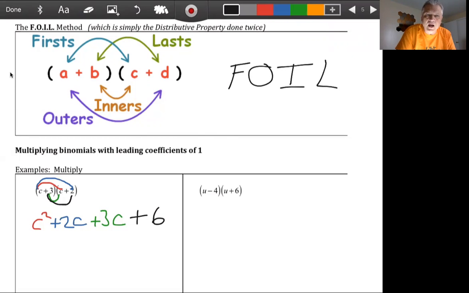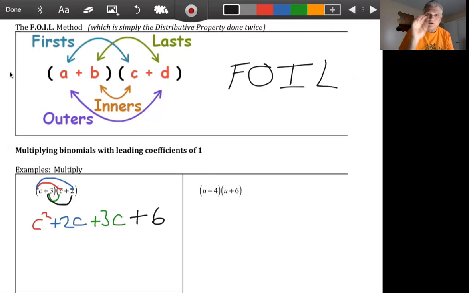I don't get hung up on the whole FOIL thing, because FOIL is only possible if you have 2 terms times 2 terms, if you multiply a binomial times another binomial. That's the only time that you can use the FOIL. But if you think of this as, I'm going to distribute my C, and then I'm going to distribute my plus 3, you can't go wrong with that, right?